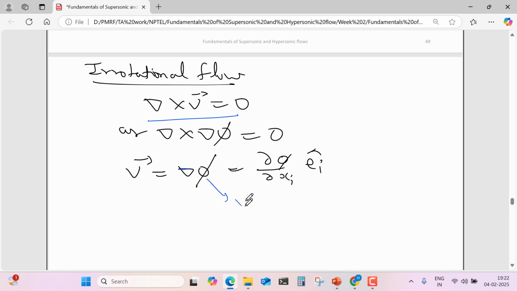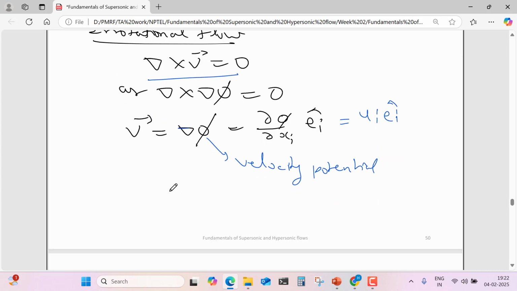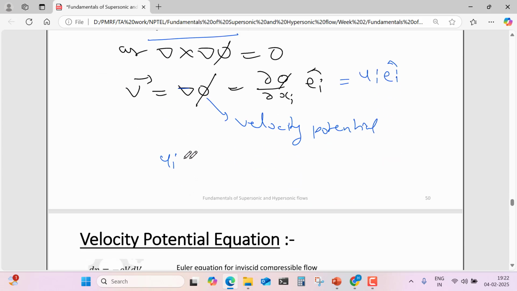This is called the velocity potential. So V equal to ∇φ, and it is nothing but u_i e_i, so u_i can be given by ∂φ/∂x_i.